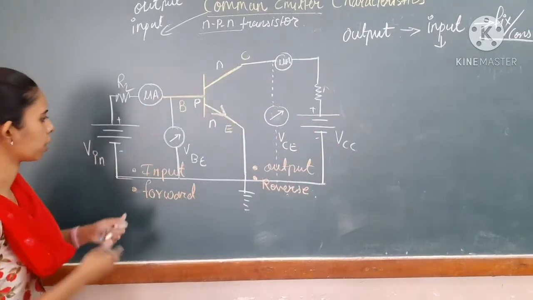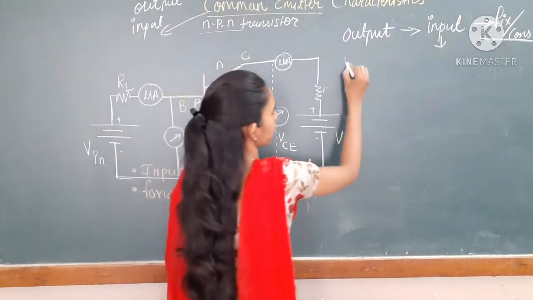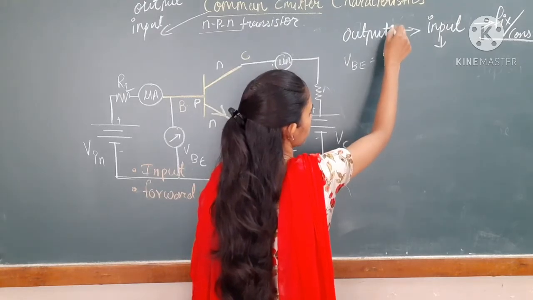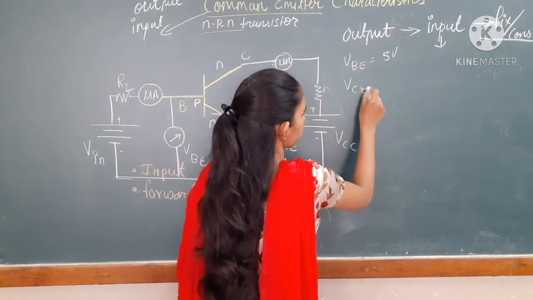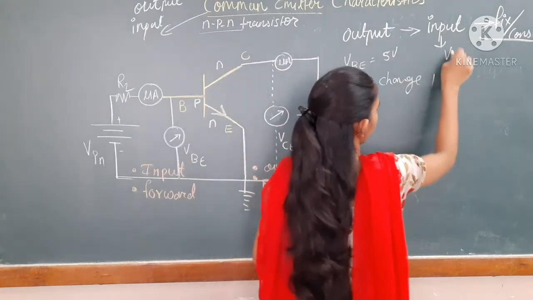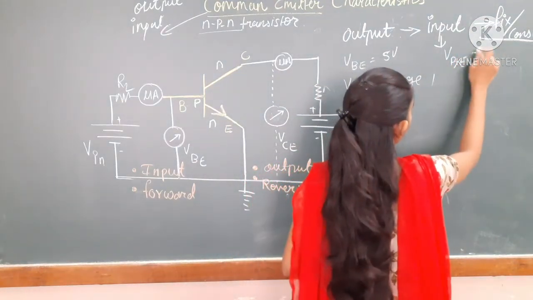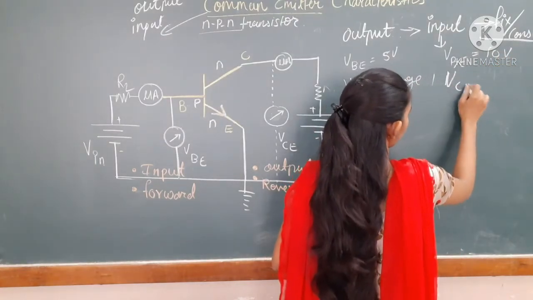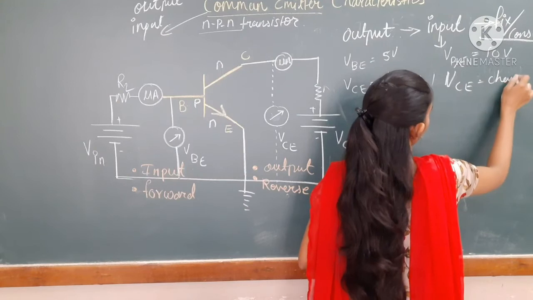So how can we draw the diagram for this? For the first VBE, for example, VBE is kept at 5 volt and we are changing this VCE. Then at a different value of VBE, that is 10 volt, we are going to change VCE step by step.